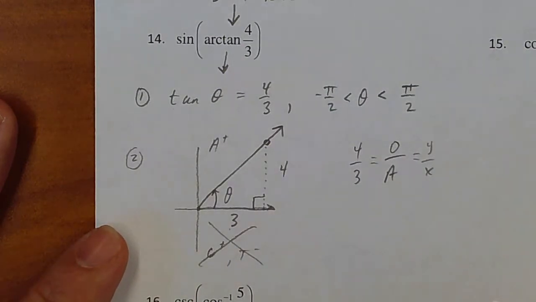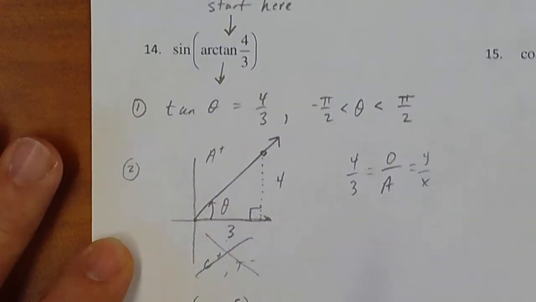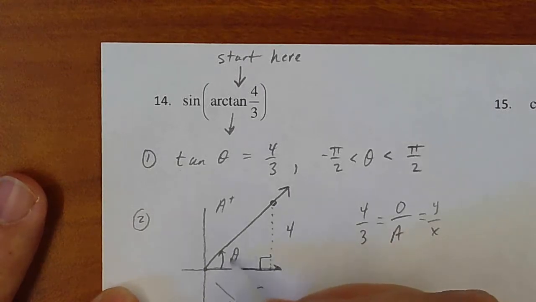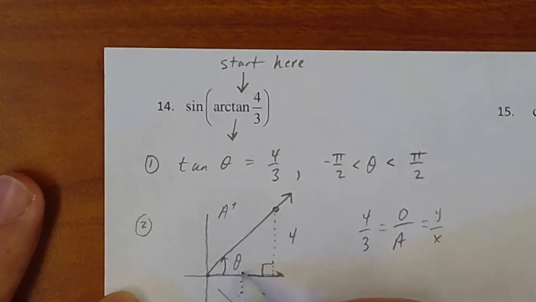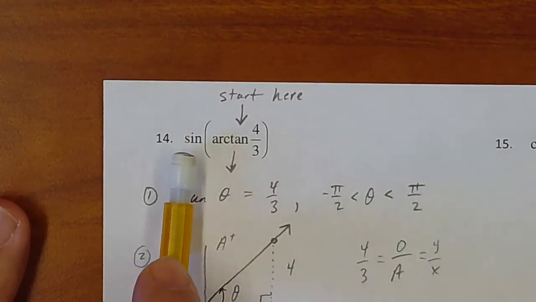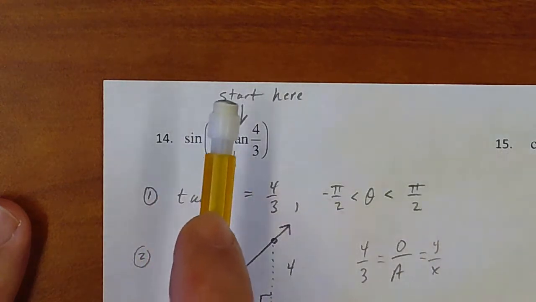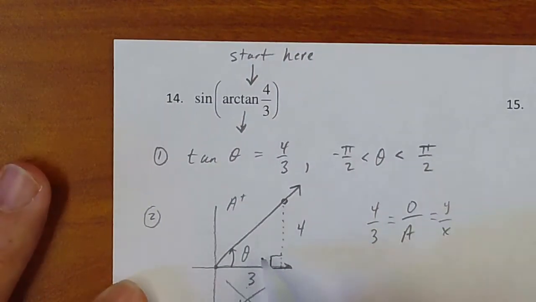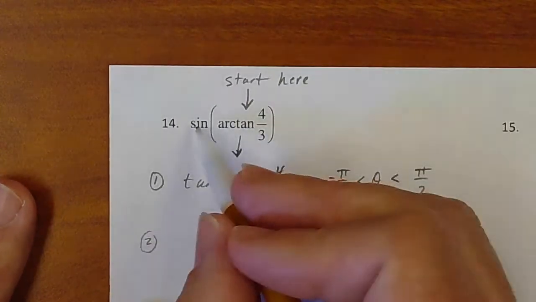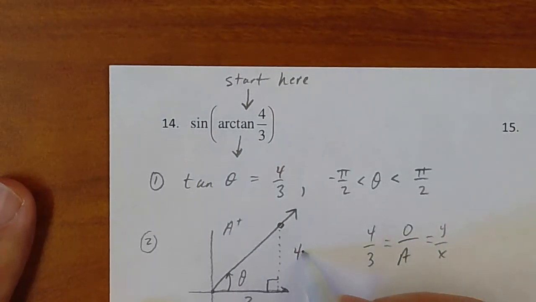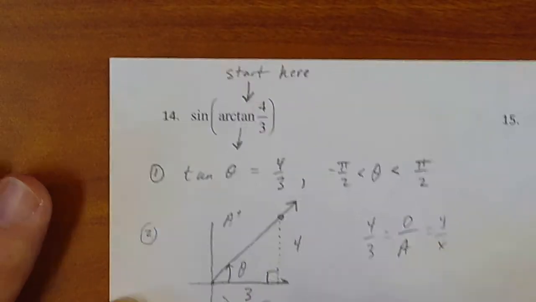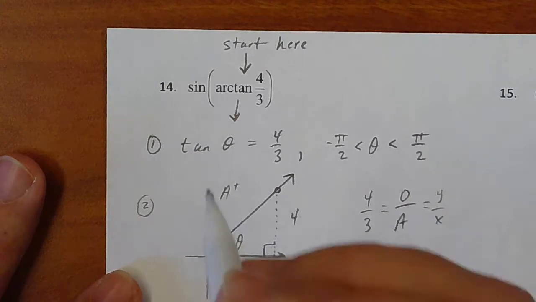Here's why we want to find the hypotenuse. We don't really need this angle. It's asking for the sine of this angle. Let's just say this angle is 22.8 degrees. Well, what's the sine of 22.8 degrees? All we need is the triangle to figure that out. You don't really need to find the angle in these problems.